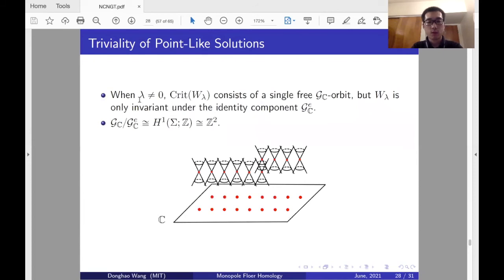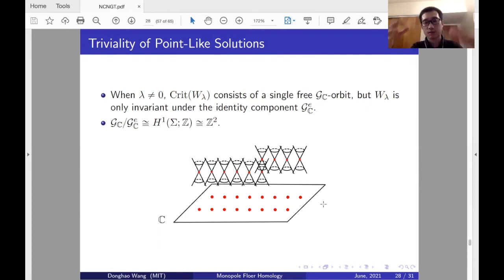This formula still looks very complicated, but let me mention one interesting property about this gauged LG model. When this harmonic one-form is non-zero, the critical locus of the superpotential consists of a single free G_C orbit, but the superpotential itself is only invariant under the identity component. In this case, the component group of G_C is isomorphic to Z squared. This means our Lefschetz fibration is really fibered over a torus, and over the torus, we have a unique singular fiber.